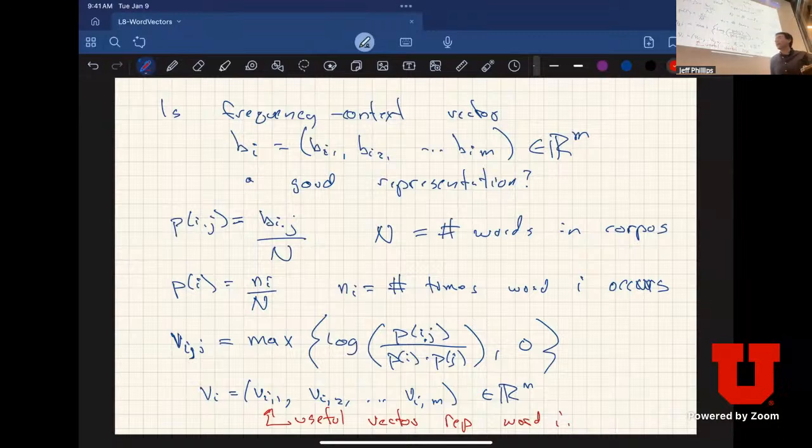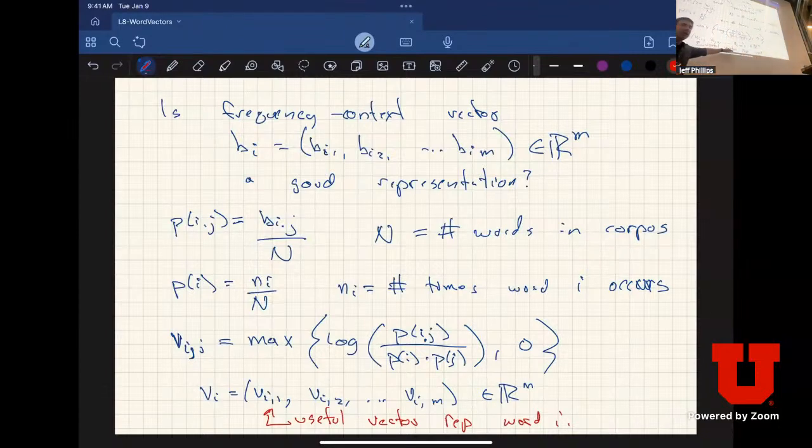Okay, so the idea is if two words have a small Euclidean distance between their positive pointwise mutual information vectors, or a large dot product, then they would probably have similar context to each other, and those words should be embedded in a similar sense, right?